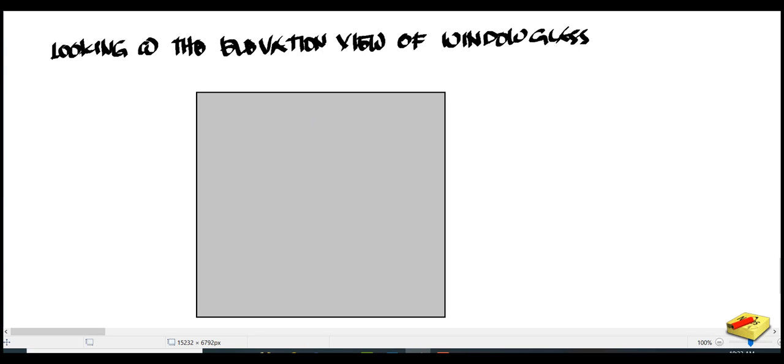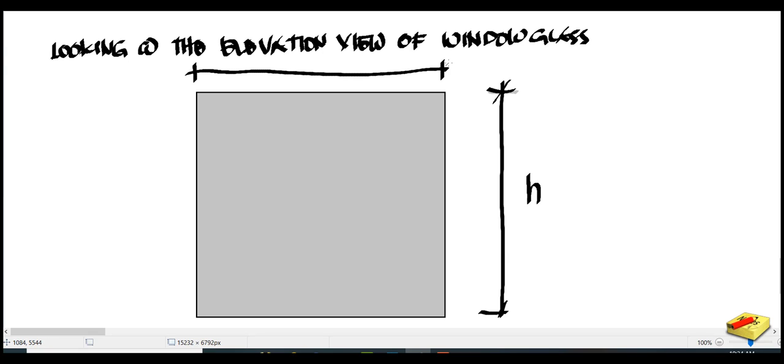Let's provide the labels: this will be the height of the window, and here the length of the window glass.